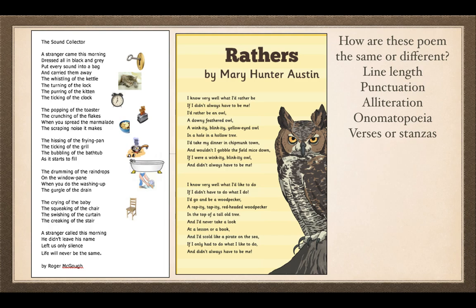Does it make a difference to understanding the poem if one's got more verses or stanzas than the other? Are the verses or stanzas shorter or longer? If they are longer or shorter, does that make a difference to how you read the poem? Or does it make a difference to how you can understand the poem?